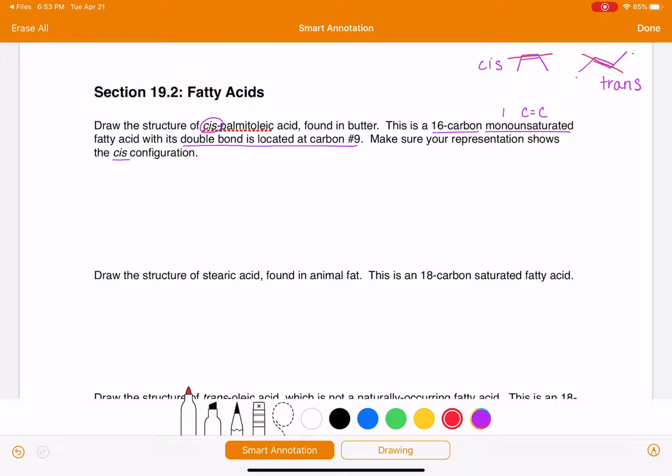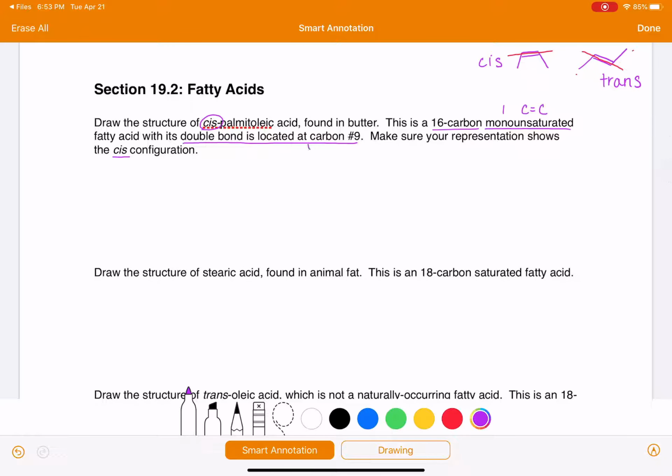The other thing we have to pay attention to, and this is something that's very confusing to a lot of people, is the location of the double bond, which is carbon number 9. And that is not saying that the double bond is omega 9. Those are 2 different types of notations, and you have to be on the lookout.